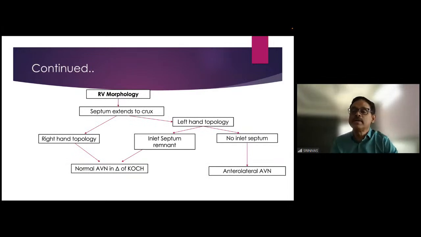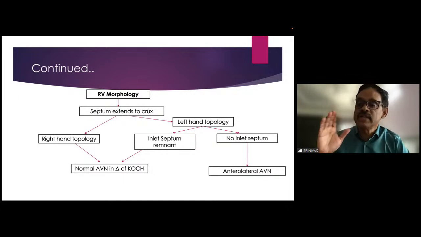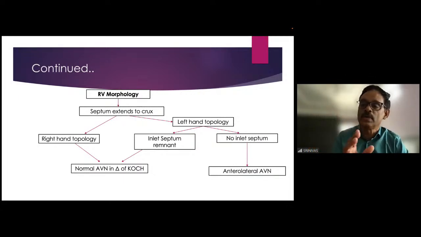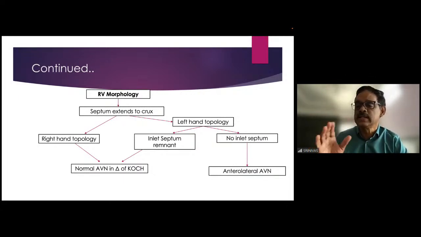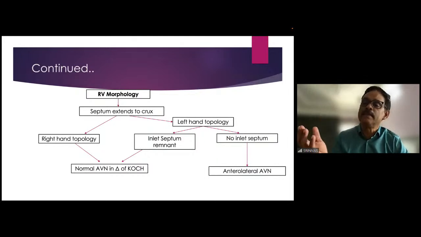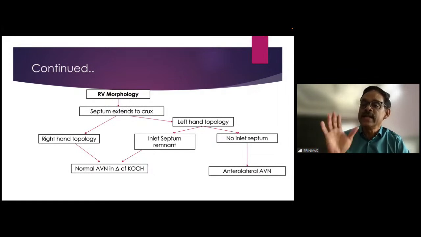Now, another important concept we need to understand in single ventricle is topology. There is what is called right-hand topology and left-hand topology. This is nothing but whether the outlet chamber or the hypoplastic chamber is in its regular location on the right side or the left side. For instance, if it is a single ventricle of LV morphology, you expect the outlet chamber, which is of RV morphology, to be on the right side. Then it is right-hand topology.